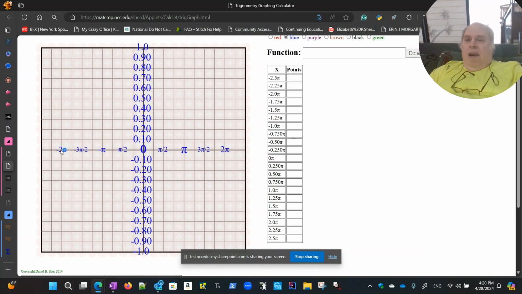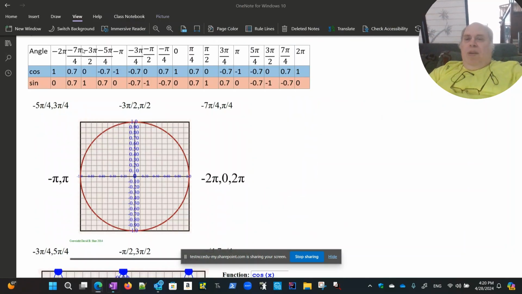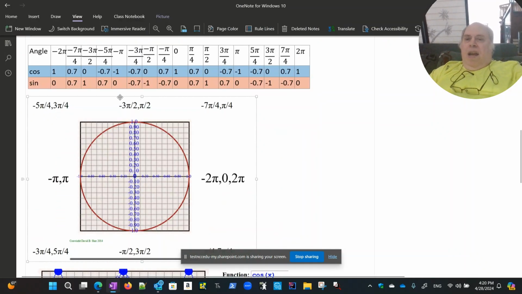So we start here, and I'm going to switch to red points, and we go 0, 0.7, and 1. That takes me to the top of the circle. Then we go back to 0.7 and back to 0, and we'll be back in the middle of the circle. From 0, we start doing the bottom of the circle.